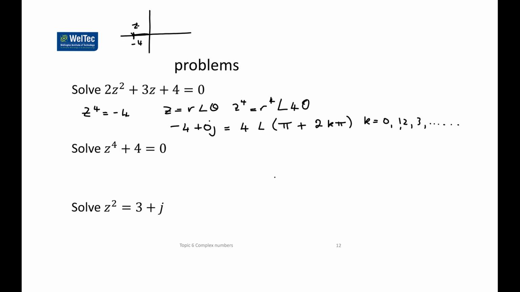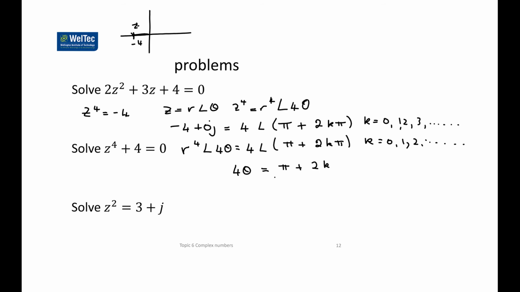Now, this must be the same. So we've got that r to the 4 angle 4 theta must be equal to 4 angle pi plus 2k pi. And that 4 theta must be equal to the bit in the brackets, so 4 theta must be equal to pi plus 2k pi.